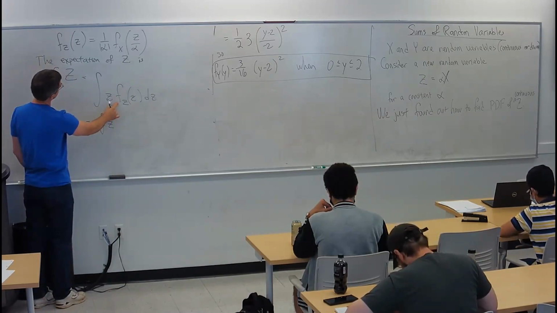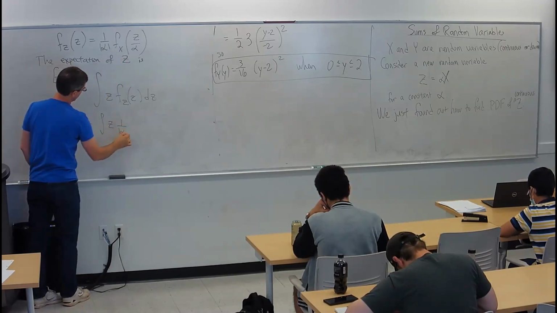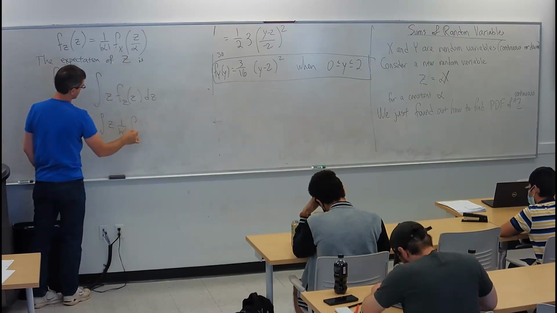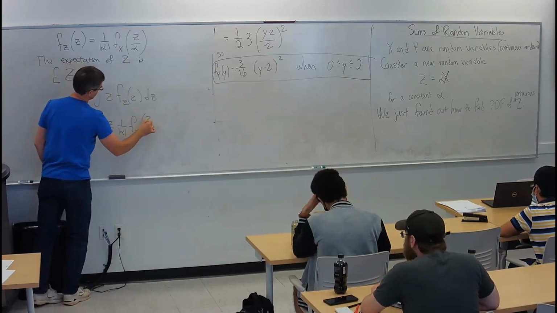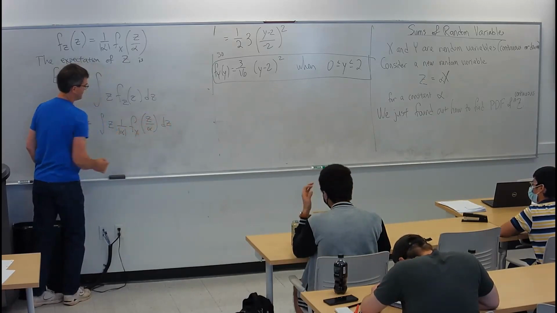Looking at this, my formula up there would be 1 over alpha, and then fx, z over alpha, dz.